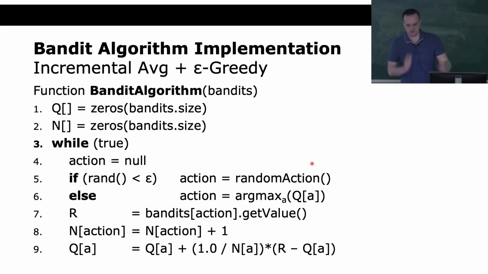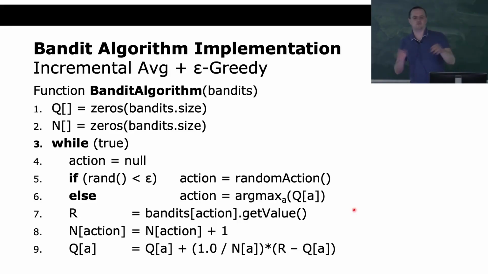It's all just values. So I'm going to say my value is equal to the previous value, and that'll take the old value, put it into the new value, right? So Q of A is going to be set to the old value plus, and this is the same as 1 over k plus 1, right? So this is 1 divided by N of A times the reward that we got minus the old value. So that's how we would implement incremental average with epsilon greedy bandit selection.